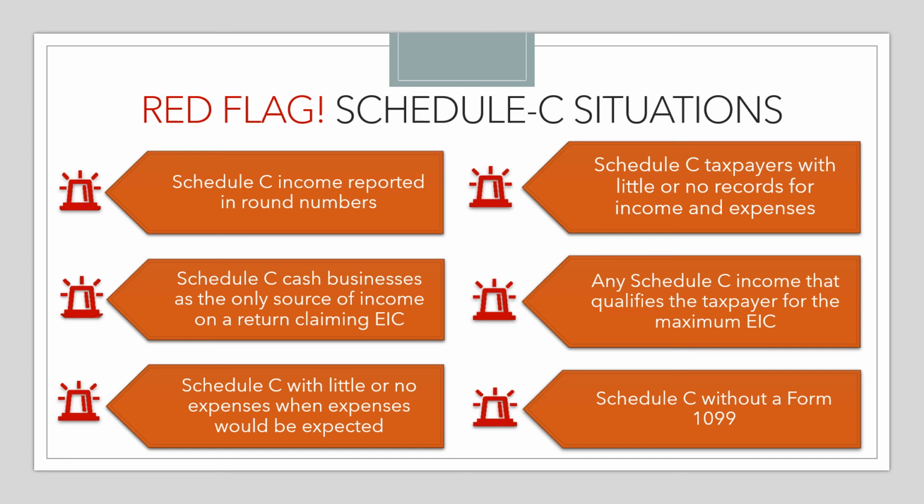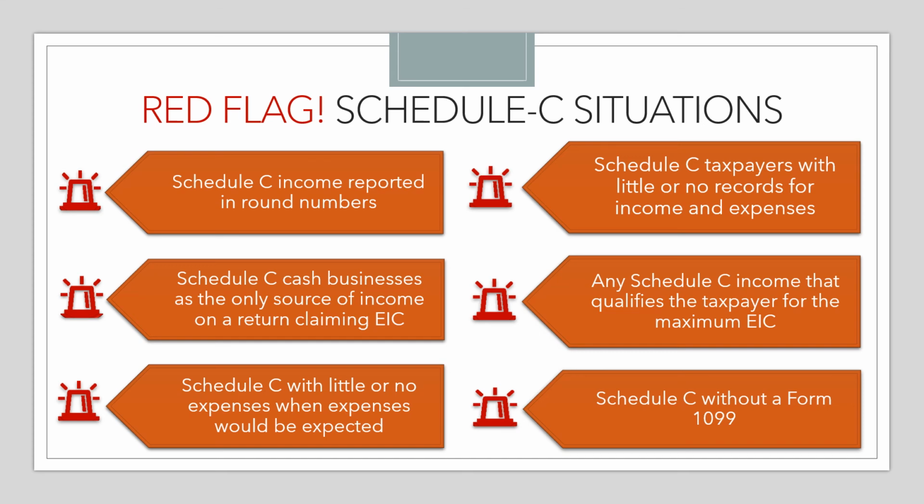And then a Schedule C for cash businesses, and it's the only source of income on a return that's claiming earned income credit. So the only source of income is this Schedule C business. They aren't claiming any wages or other things that could qualify them for EIC.